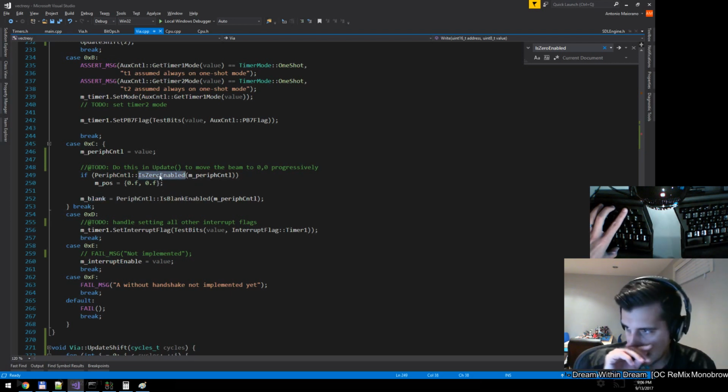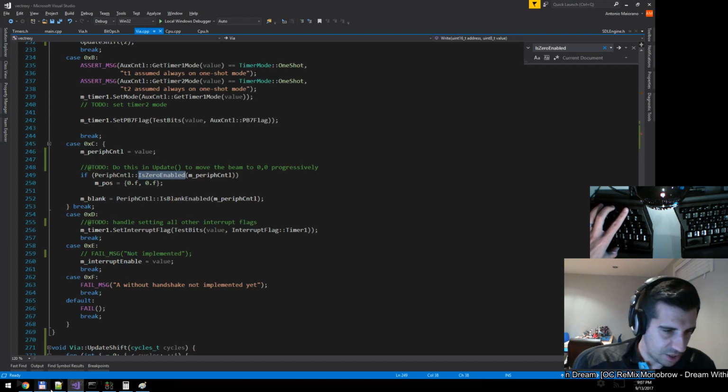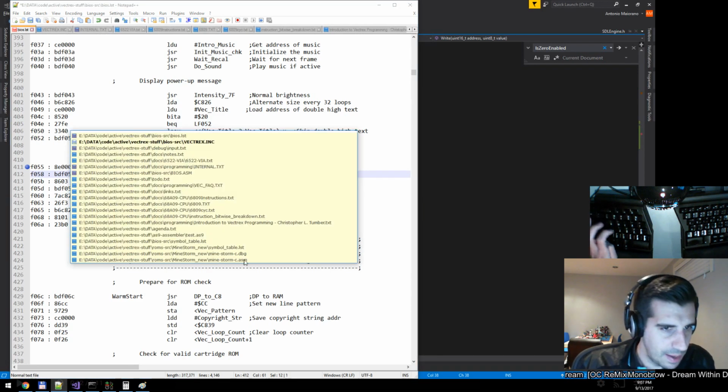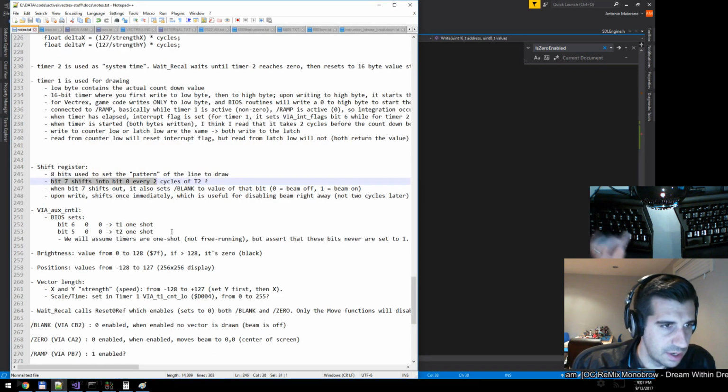But the thing is, zeroing is not just a reset on the position. It's actually a state, meaning that while we're in 0 state, we can't draw until the 0 state is no longer enabled. So that's something I was reading, and I just wanted to make sure I do that correctly.